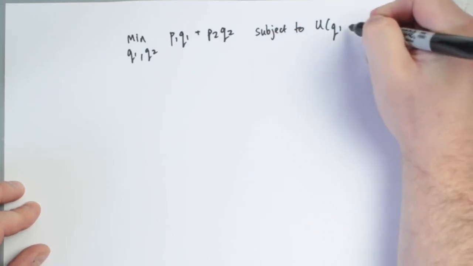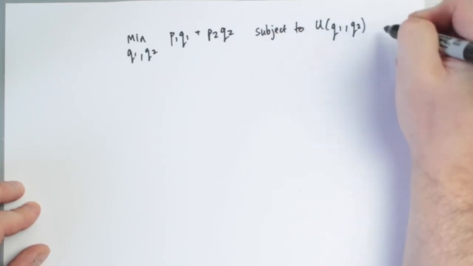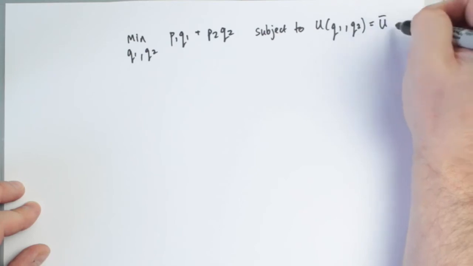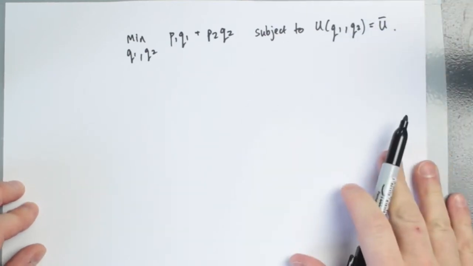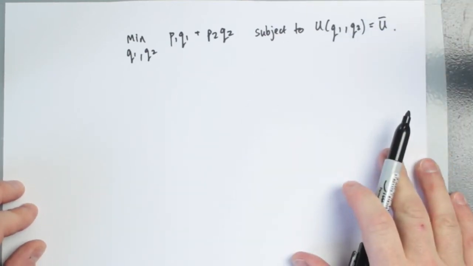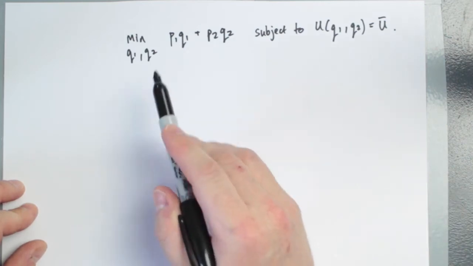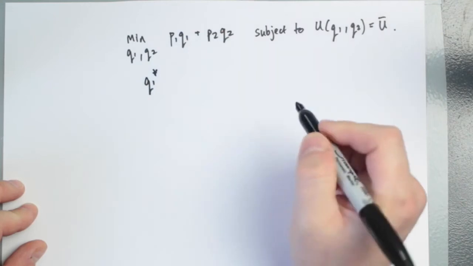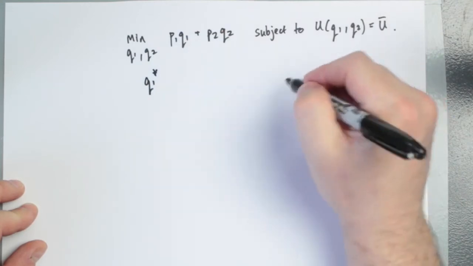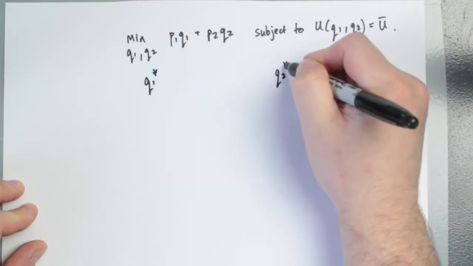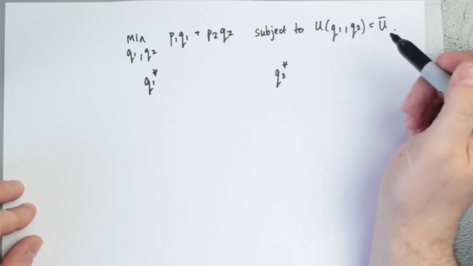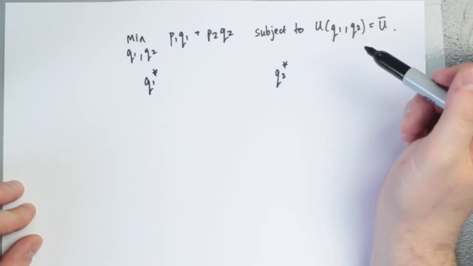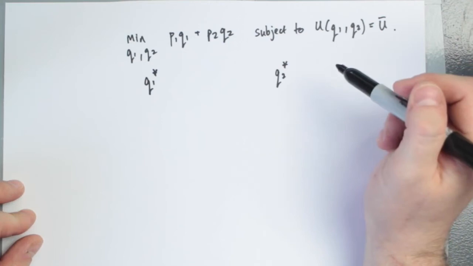So the utility of Q1 and Q2 is equal to some target level of utility U bar. Now, when we solve this problem, we get a Q1 star and a Q2 star, and we called these the Hicksian compensated demands for good 1 and good 2.